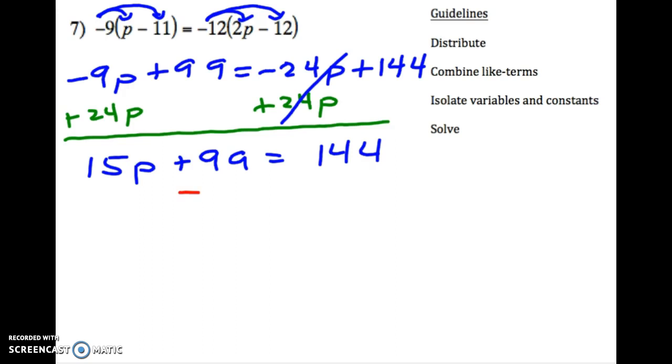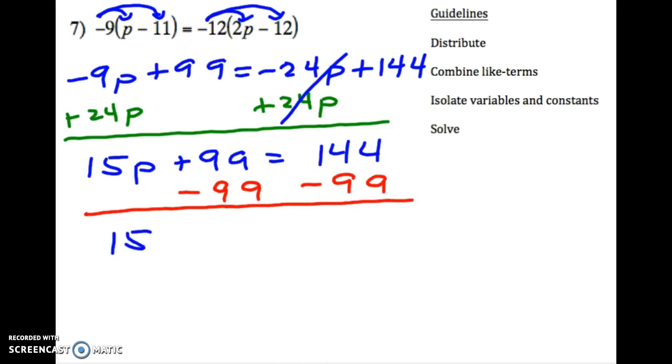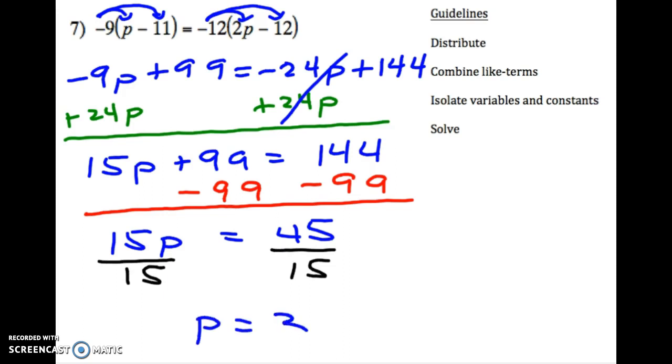So to get the constants on the other side, we're going to subtract the 99. So we should end up with 15p equaling 45. Divide by the 15. And we should be getting p equals 3.